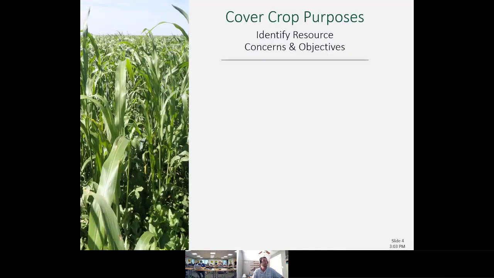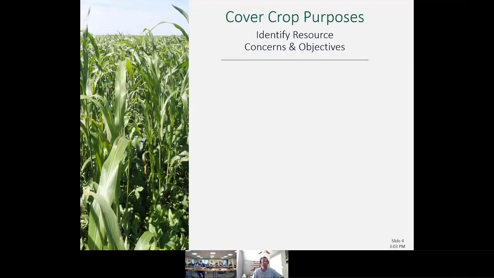So we have to identify, of course, firstly, our cover crop purpose. And we have to identify the resource concern first, which is, when we think in terms of planners, that's what we're coming and addressing. We're looking for that resource concern to address with our conservation plan.